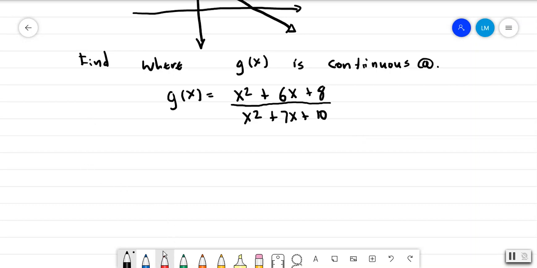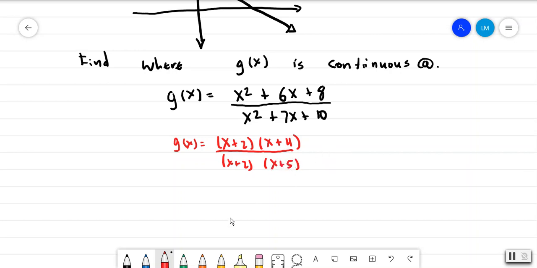Okay, so what we'll do for this one, we'll just go ahead and look at what this factors to. So g of x factors into x plus 2 multiplied by x plus 4, divided by x plus 2 and x plus 5.